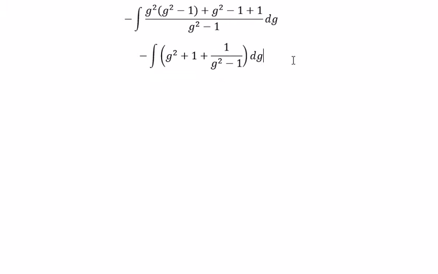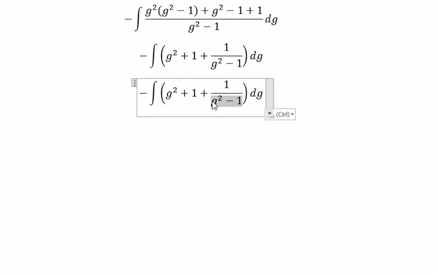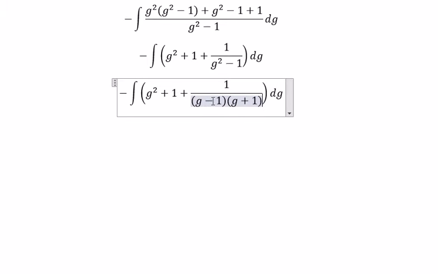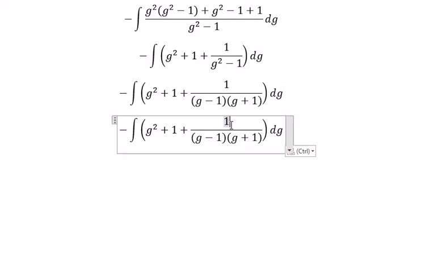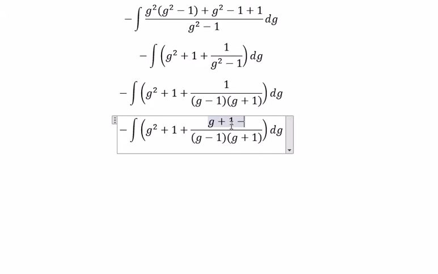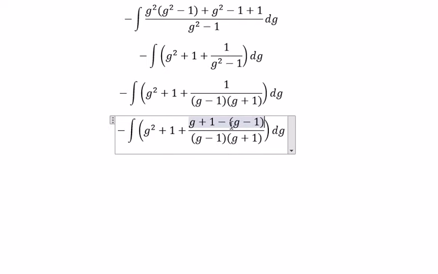Next, g square minus 1, you got g minus 1 multiply with g plus 1. About this one, we can put g plus 1 minus g minus 1, and we have negative number 1, you got the positive 1, g minus g, they will cancel.